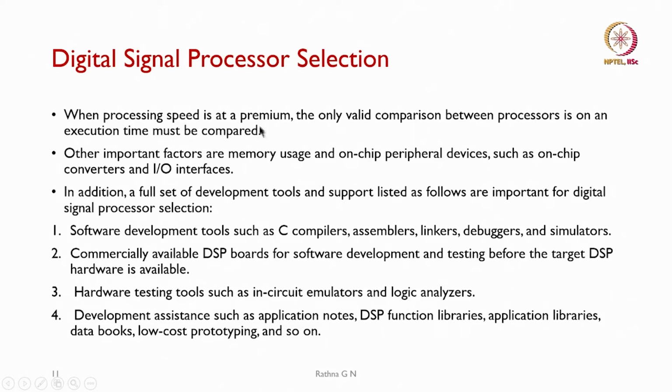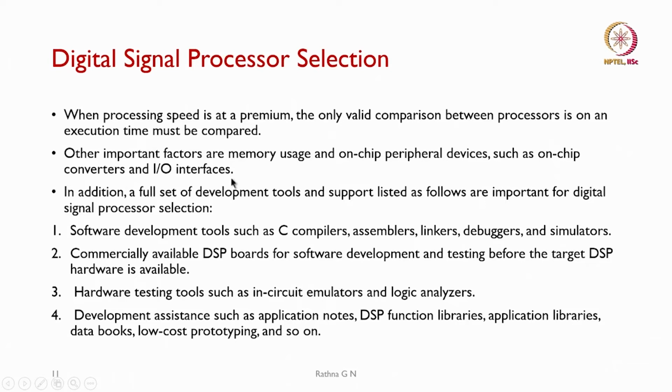So I have to see how the execution of my algorithm is going to be done in my processor. Other important factors are memory usage and on-chip peripheral devices such as on-chip converters and I/O interfaces.